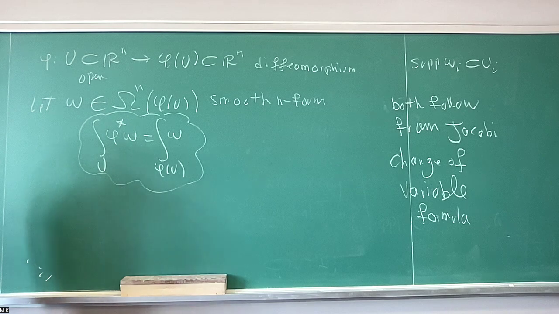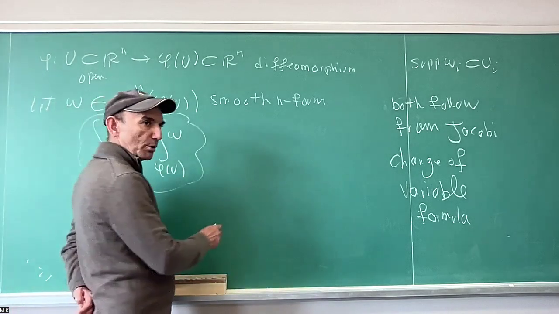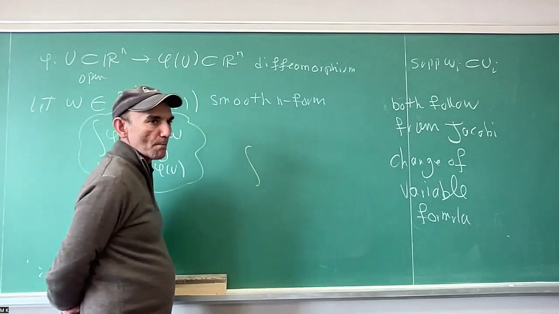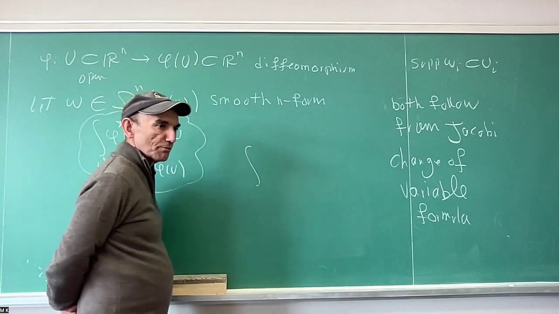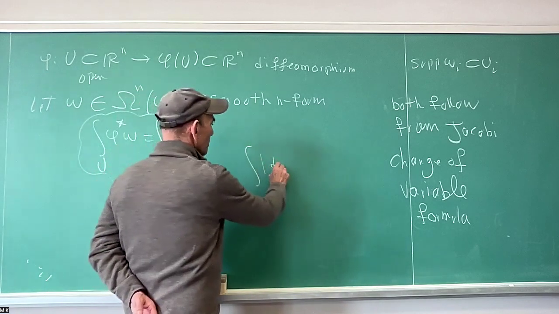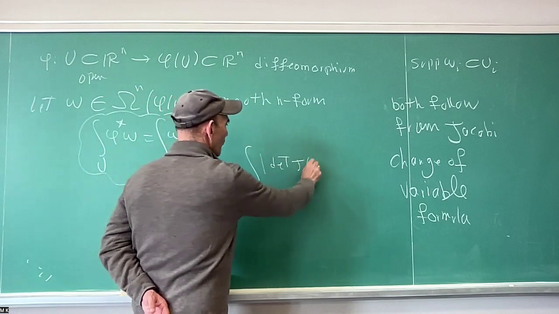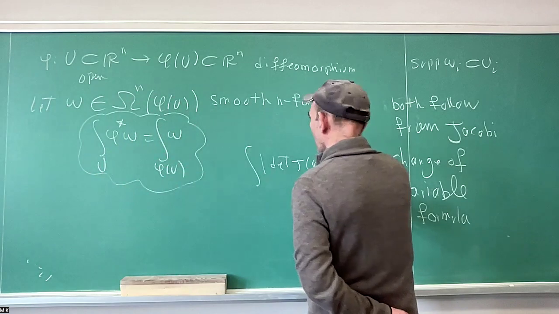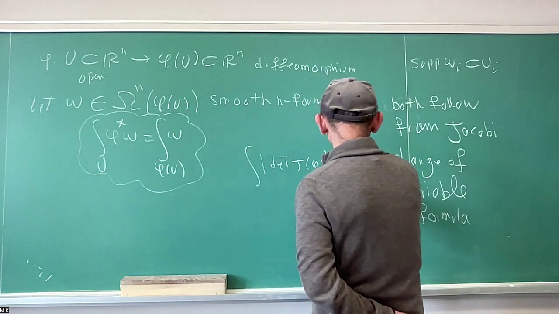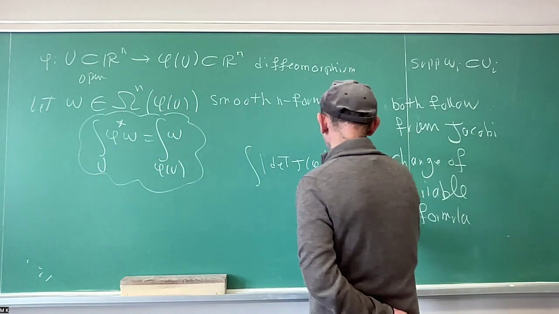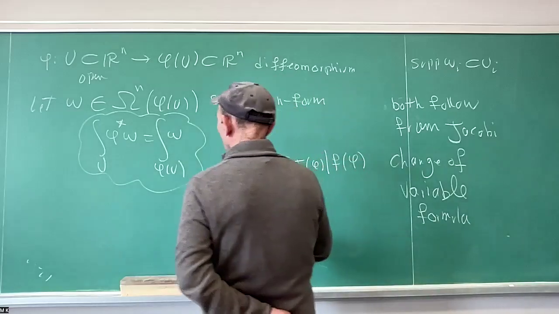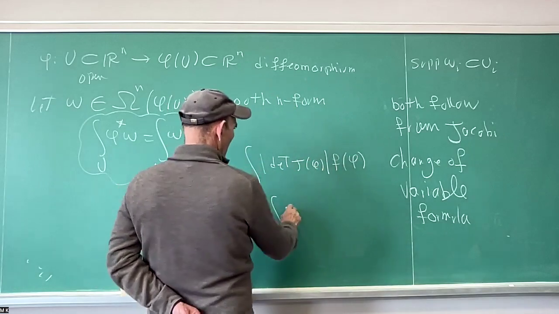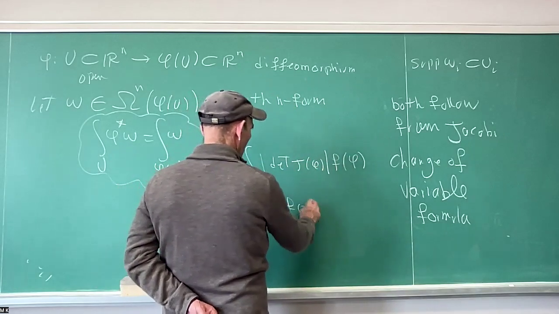What is it? What have you seen? You have seen the following integral of what? Absolute value of determinant of Jacobian of phi, right? F of phi over U is equal to the integral of f of x.